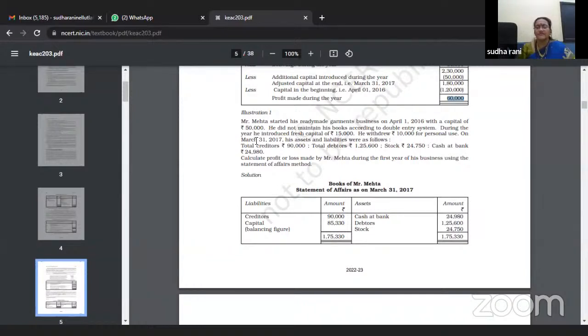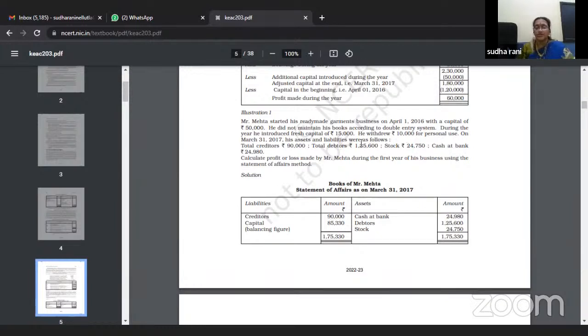At the end of the year, that is 31st March 2017, his assets and liabilities are showing like this: creditors, stock, bank. You are supposed to identify what comes on the liability side and what comes on the asset side, because you already did your final account sums in Financial Accounting One.